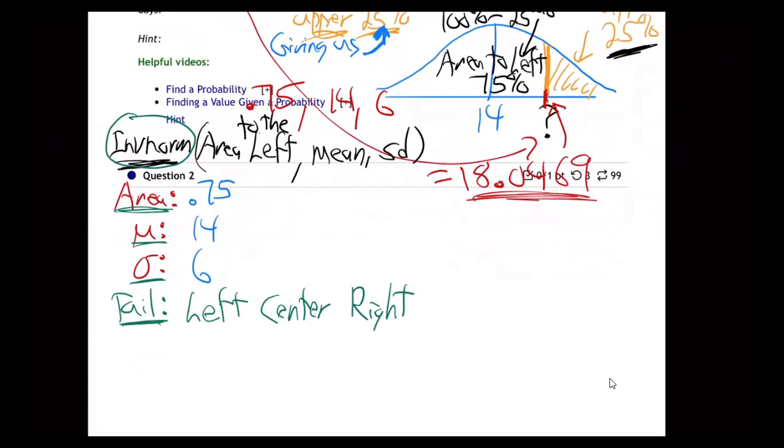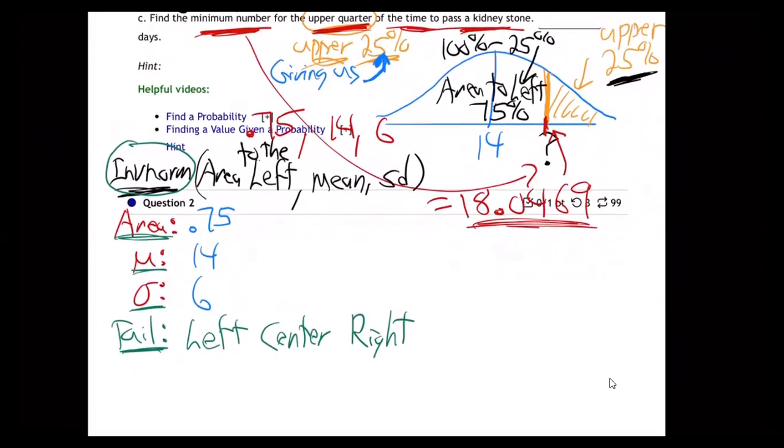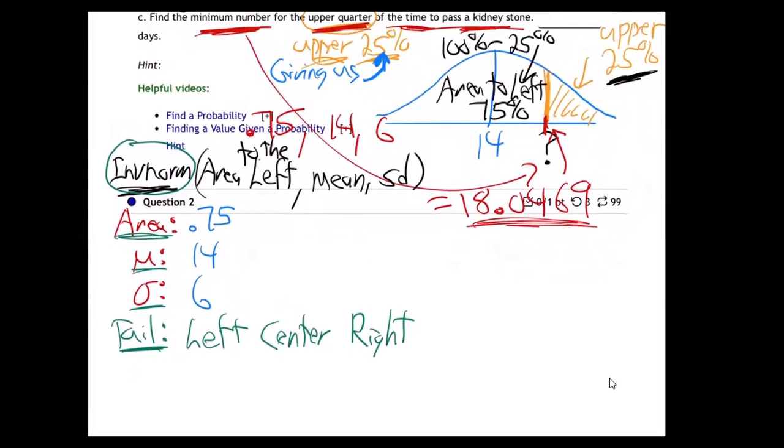So basically, it's letting you tell it whether you'd like the area. It's saying this area you gave us right here, this 0.75, is that to the left of your spot? Because here's our spot right here. And you're able to tell it left, center, or right. That's nice. Those are even easier to use. So you would just choose left and hit enter.